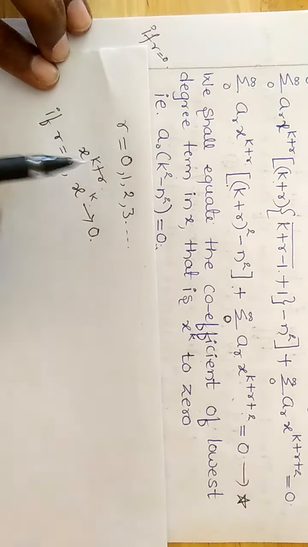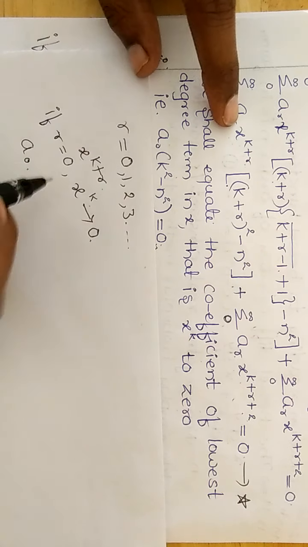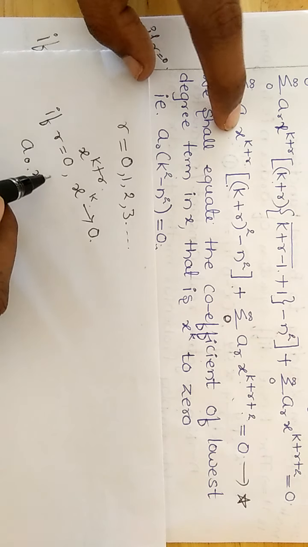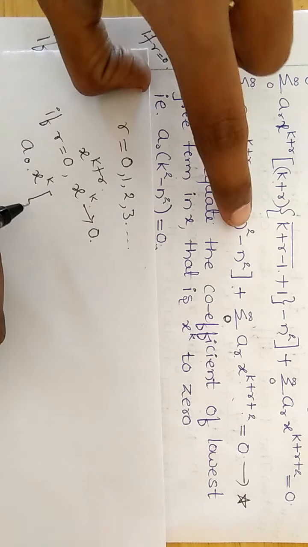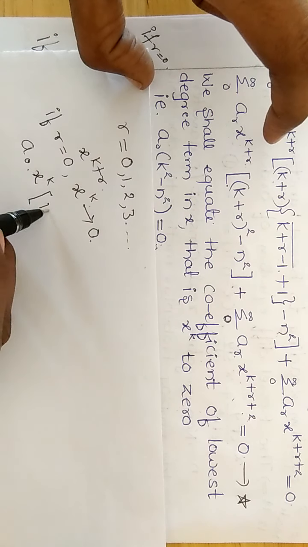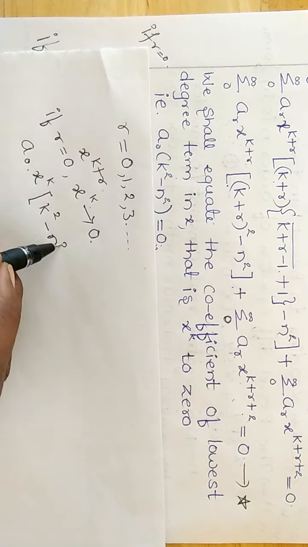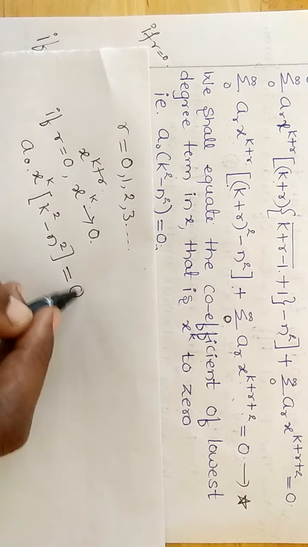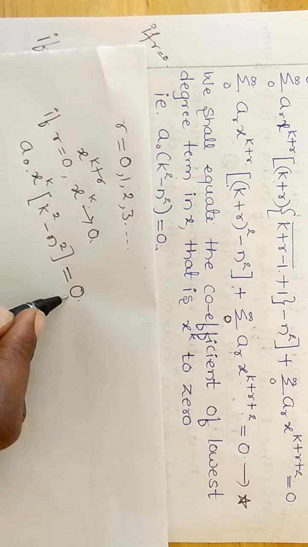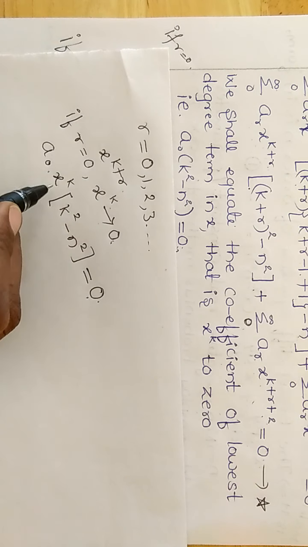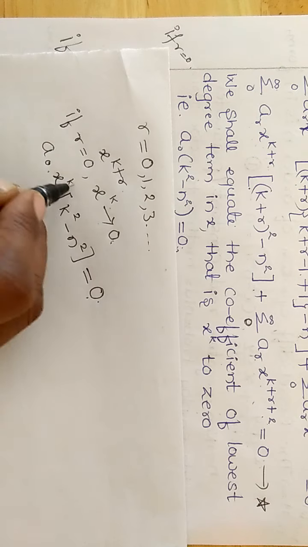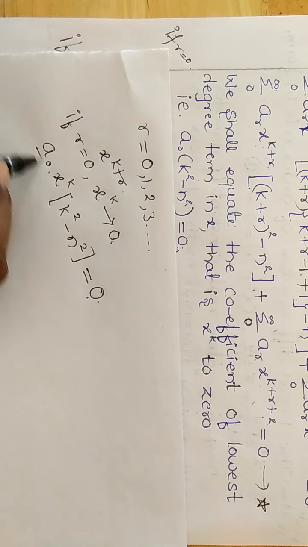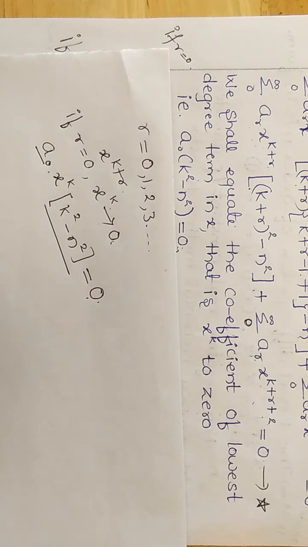First term we got a naught x to the power k plus r, so k plus r whole square, r is 0, so k square minus n square, which is equal to 0. Then only take the coefficient of x to the power k.